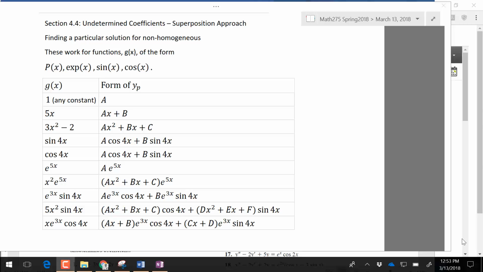This section will have a lot of special cases, or I don't know if you call them special cases, but they have little nuances when you're trying to solve non-homogeneous differential equations. The idea here is to be able to pick up on the little nuances and then eventually be able to solve for them.